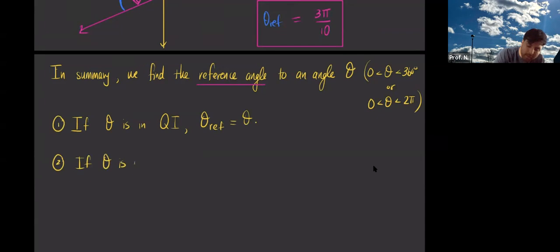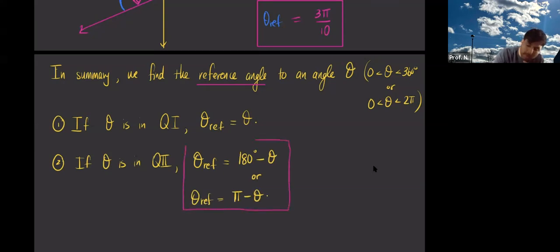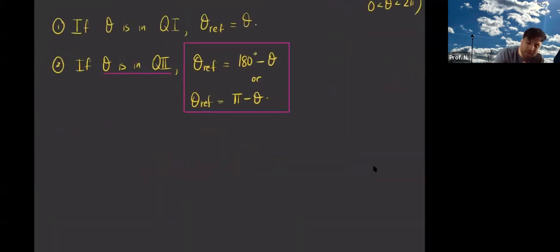Second thing, if theta is in quadrant 2, our reference angle is equal to 180 minus theta, or our reference angle is equal to pi minus theta. Okay, that's if I'm in quadrant 2. What if theta is in quadrant 3?